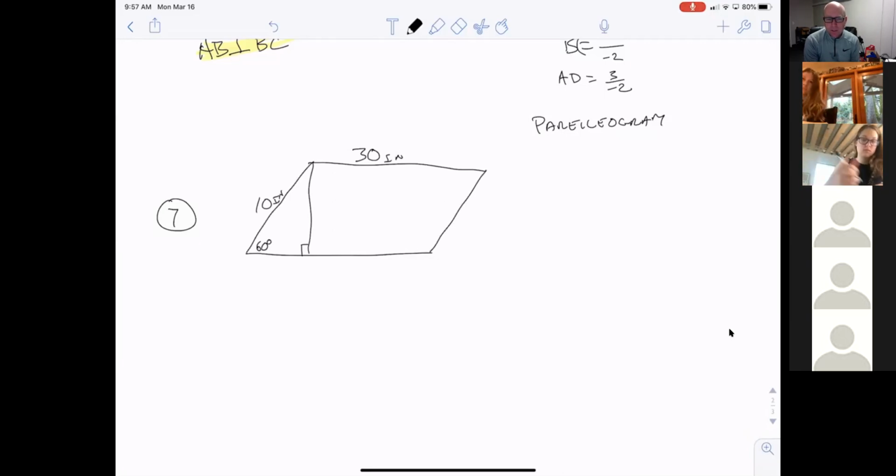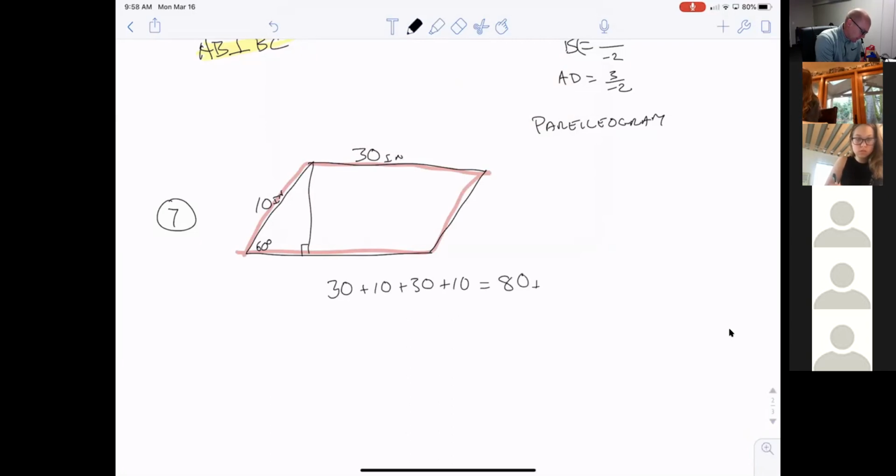One of the sides is 10 inches, and there's a 60-degree angle in there, which tells me they want me to remember our facts about those special triangles. It says find the perimeter. All I have to do is take all the sides and add them together. So the distance around that figure is the perimeter. So the perimeter would be 30 plus 10 plus another 30 for the bottom plus another 10 for the side. That's 60, 70, 80. So the perimeter is all the sides added together. No problem there.